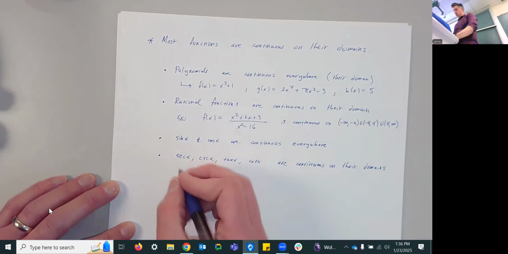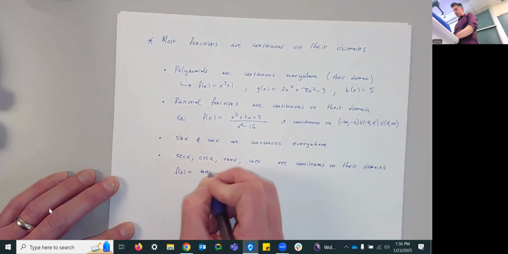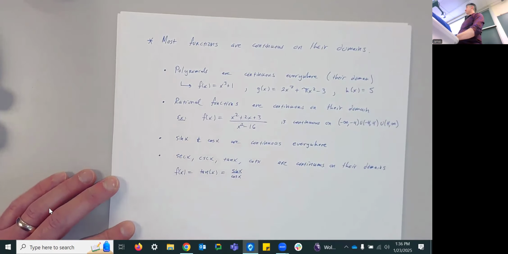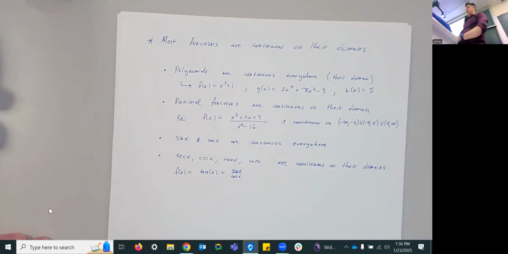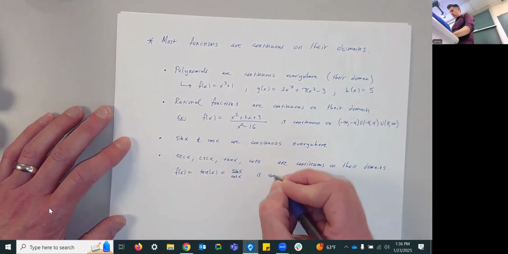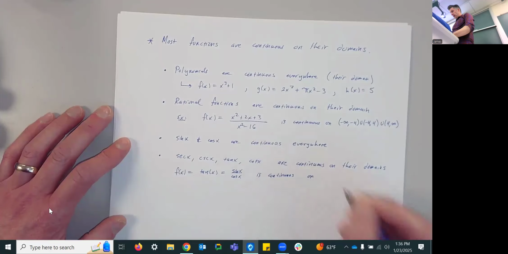For example, if you look at f of x equal to tangent of x, which is really equal to sine of x over cosine of x, that's going to be undefined whenever cosine is equal to 0, which is any odd multiple of pi over 2. So we could say this is continuous, but annoyingly, it's continuous on this domain.